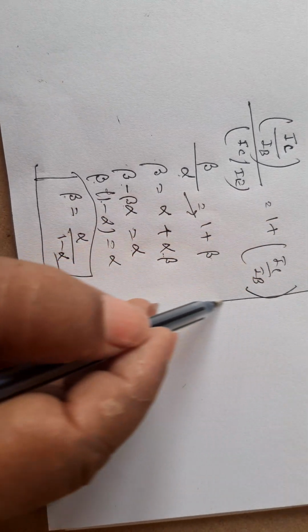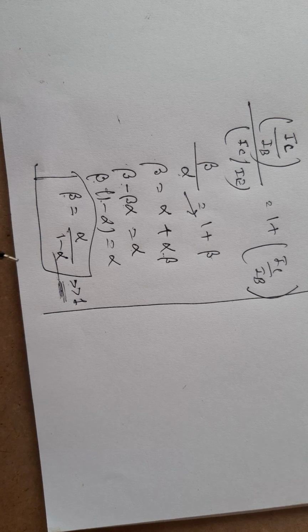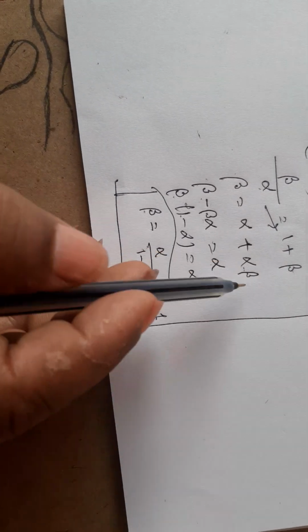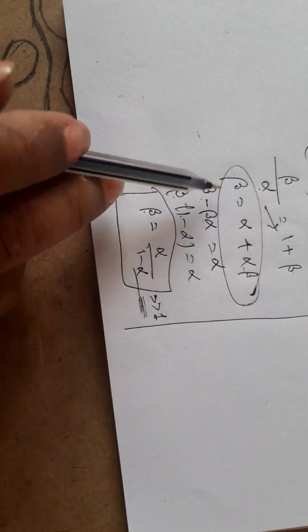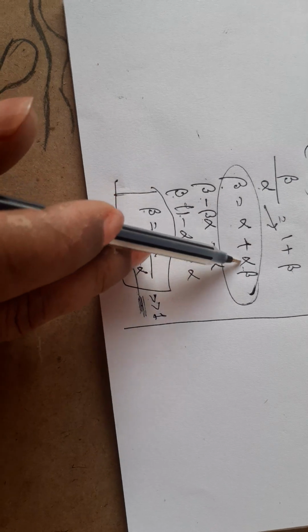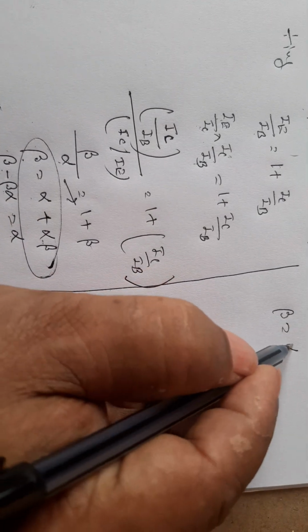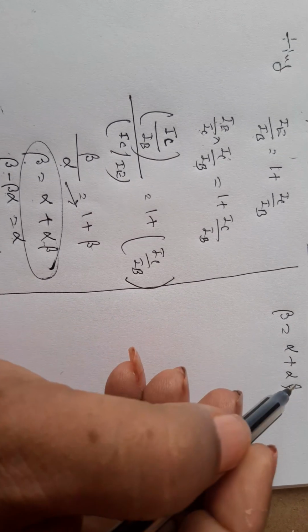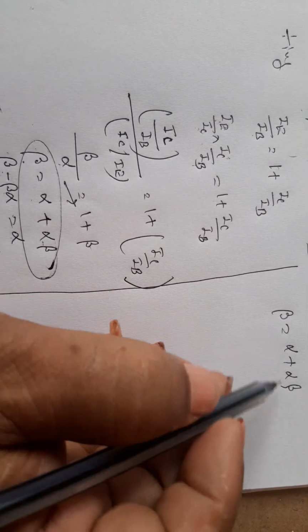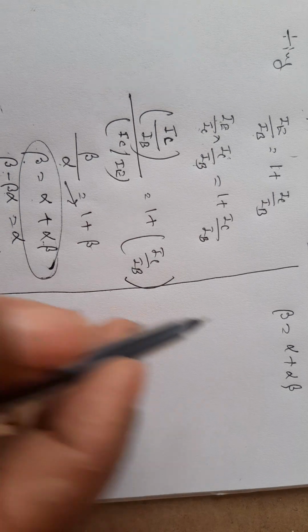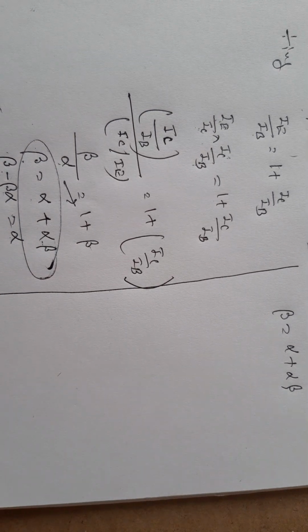Now, consider the same expression: beta is equal to alpha plus alpha beta. From this, you can take a common factor alpha.